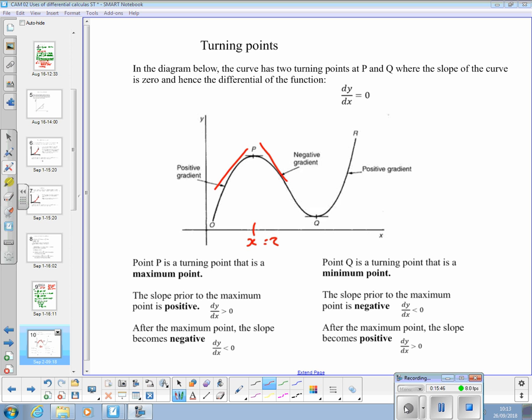If however we look either side of x and get a negative slope before and a positive one after, that turning point must be a minimum. So it's about finding a function dy by dx, finding out where that's equal to 0, and then looking slightly either side to find out whether that's a minimum or a maximum.